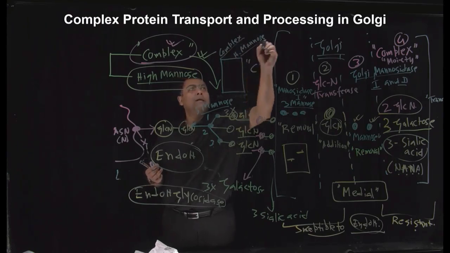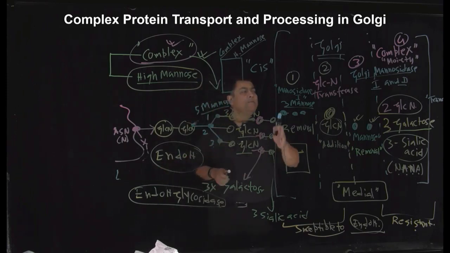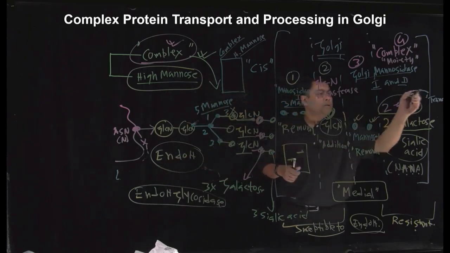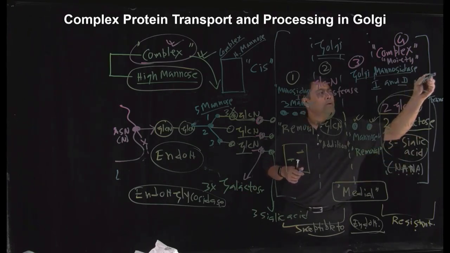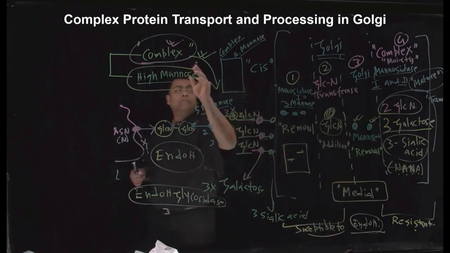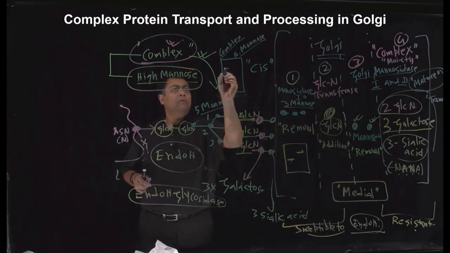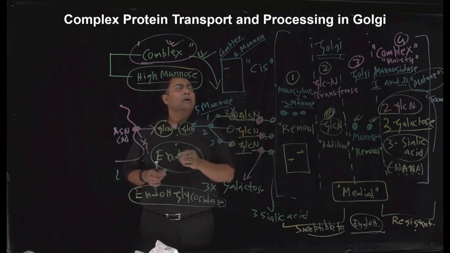So what's going to happen is you can easily see that if you take a complex sugar which is completely modified, we call this a mature protein, ready to go. That protein in the complex form, after it is synthesized, its molecular weight is somewhere here.